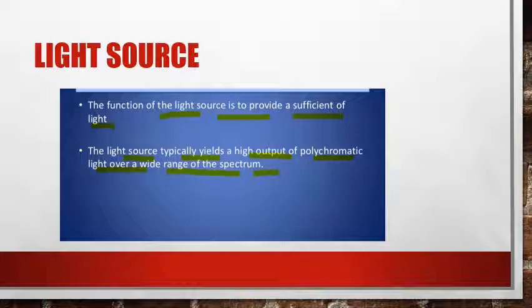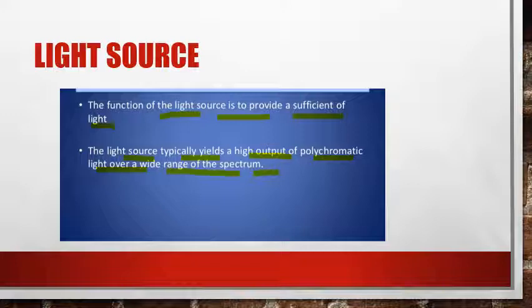If we are providing the UV range, that source consists of all wavelengths, that is to say it is polychromatic. Polychromatic means it consists of many wavelengths of radiation. So the source should contain all the wavelengths of the radiation that should be passed to the matter to analyze it.